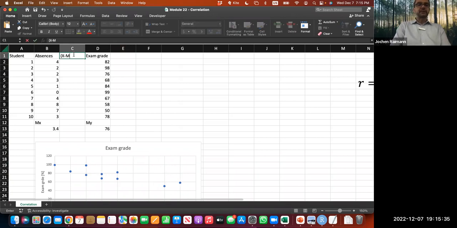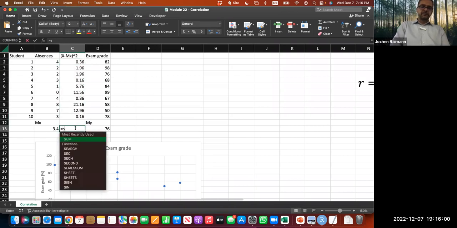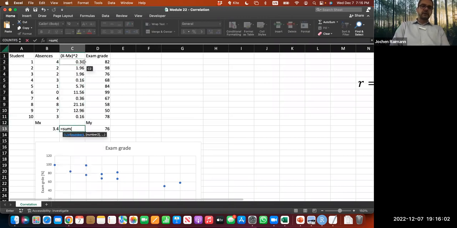So we do x minus mx squared, which is this minus this locked in. The sum, that's essentially our sum of squares x.